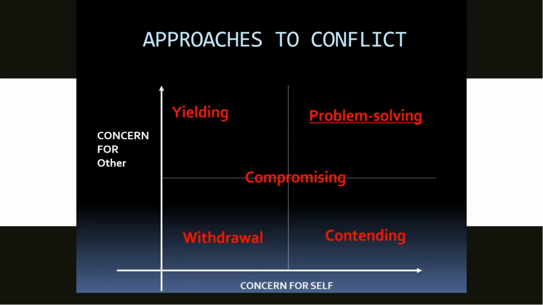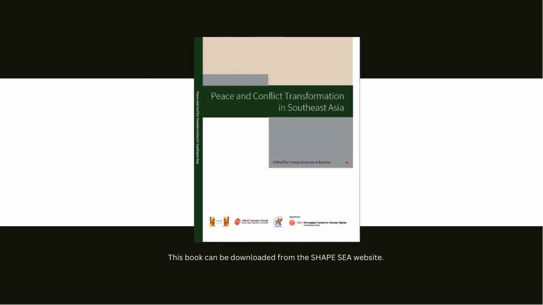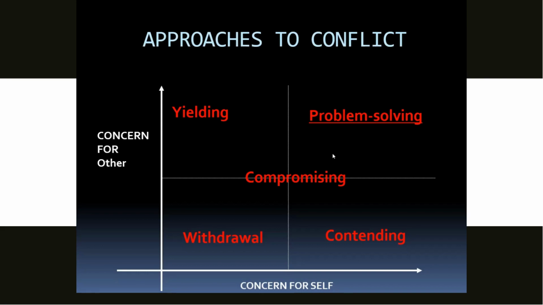So they developed the problem solving approach in order to resolve conflict. Problem solving is one approach developed by conflict resolution scholars. If you are interested in that, you can look at the textbook. Not all conflicts end with compromising, but sometimes it can bring a win-win solution for both parties.